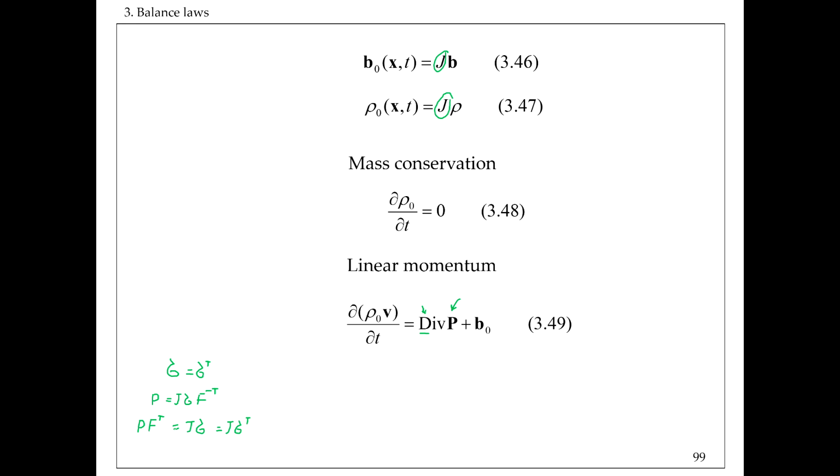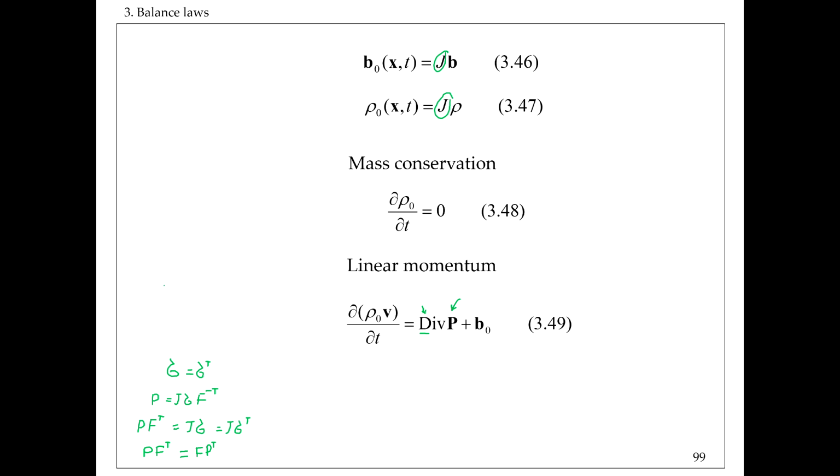That would mean that P F transpose must be equal to the transposition of that, which is F P transpose. So this is basically our angular momentum.